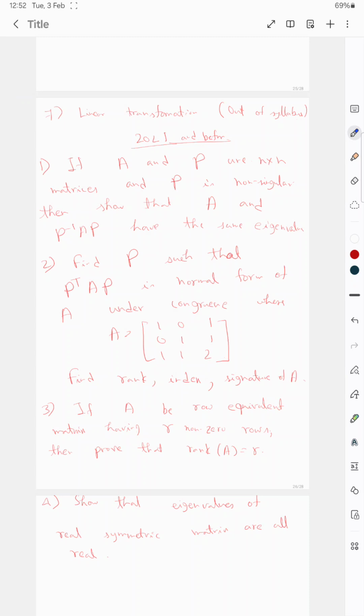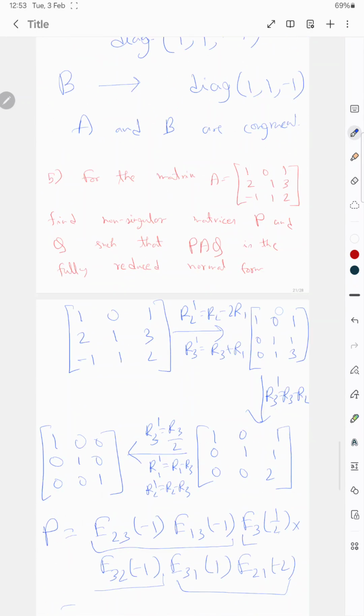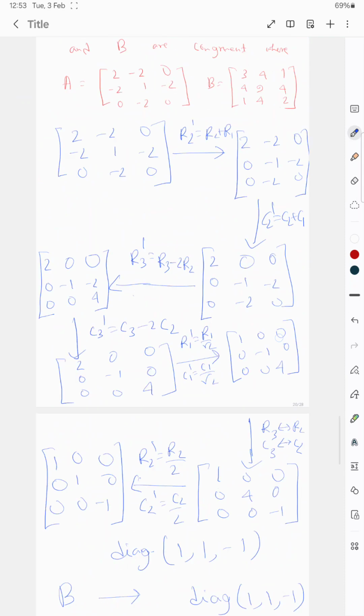Then that is that 1, 1, minus 1 type of problem you have to do. Then you have to find the rank, index, signature. So basically here you have this matrix. If you apply this type of operation, suppose starting from here you do some row operation, the same you have to do for the column operation.